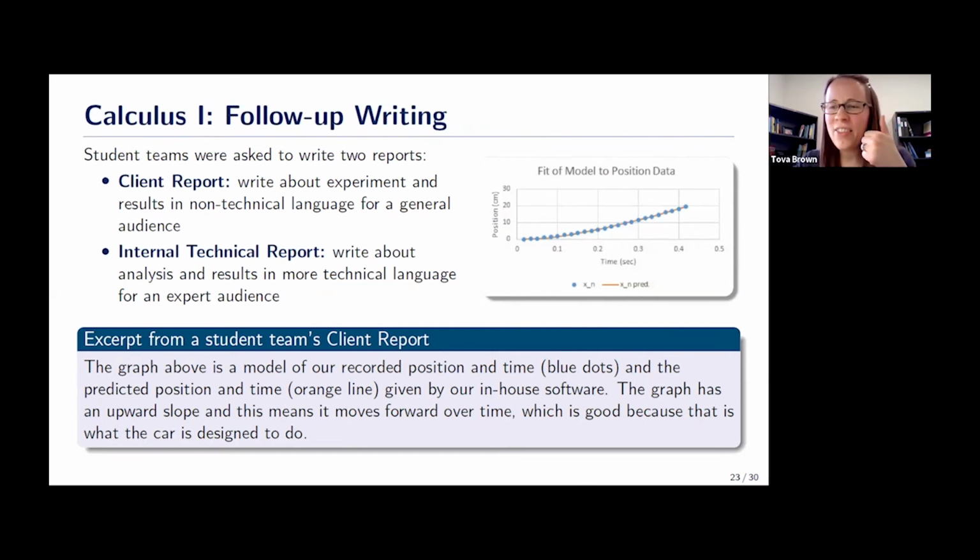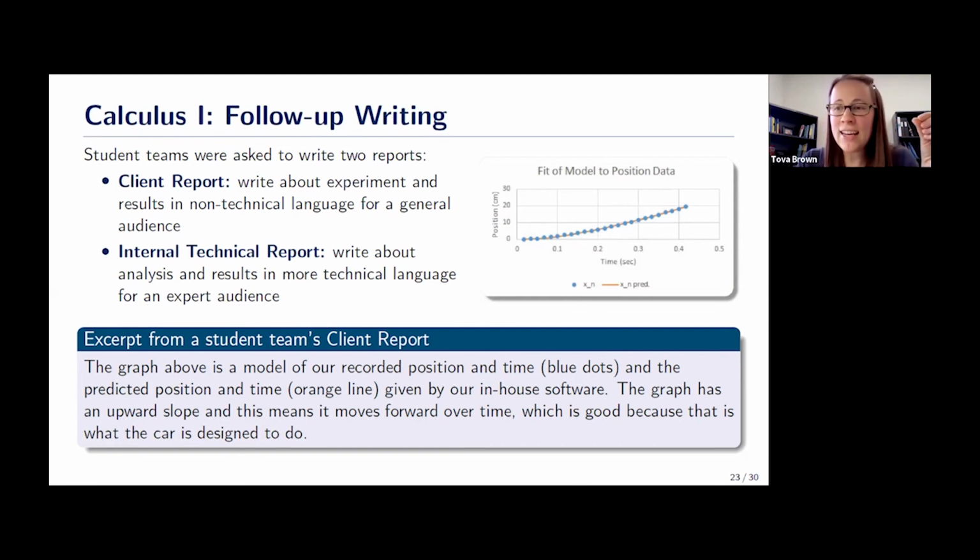So you have to tell the client what they want to know in a way that they'll understand it. And you have to justify what you've done at a level that will convince them that the answer you're giving them is right, but at the same time not go over their head. So they had to balance those things in the client report.